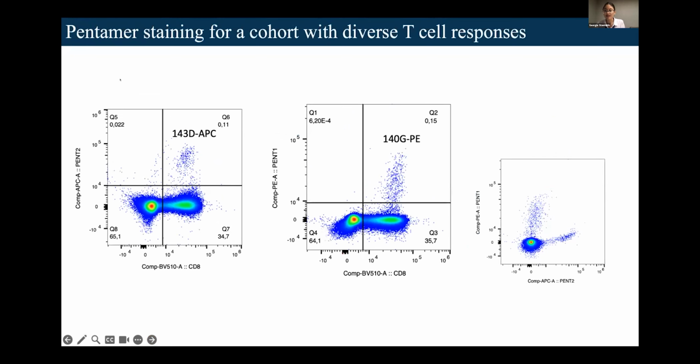Okay, so this is some representative pentamer staining from that pilot study where we can see this is for a single participant where they had 1 HCV epitope stained on APC and another HCV epitope stained on PE, and you can see we get CD8 specific cells with very little background for both of these epitopes. And then when we gate on the CD8 cells and do PE versus APC, those are 2 discrete populations. Again, with our pre-conjugation, we were able to do this in a cohort of PBMCs from individuals who have HCV.